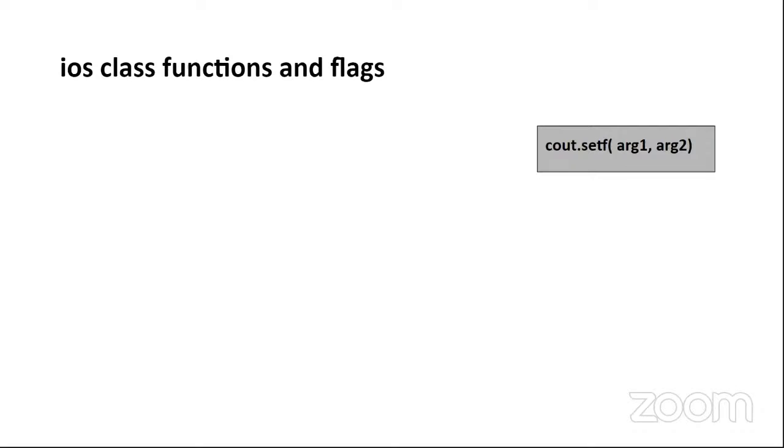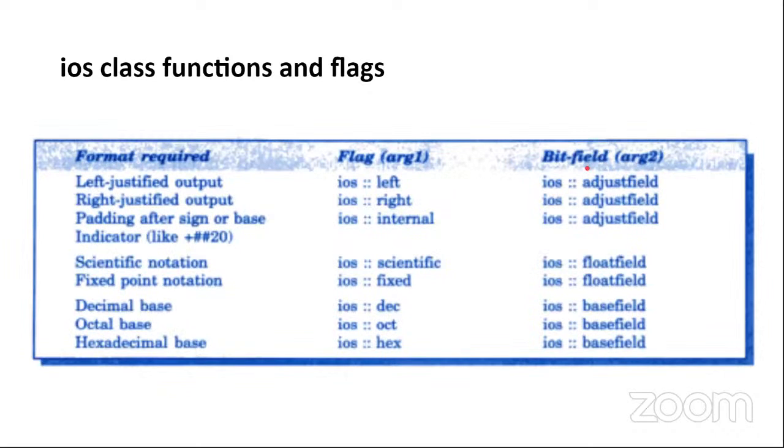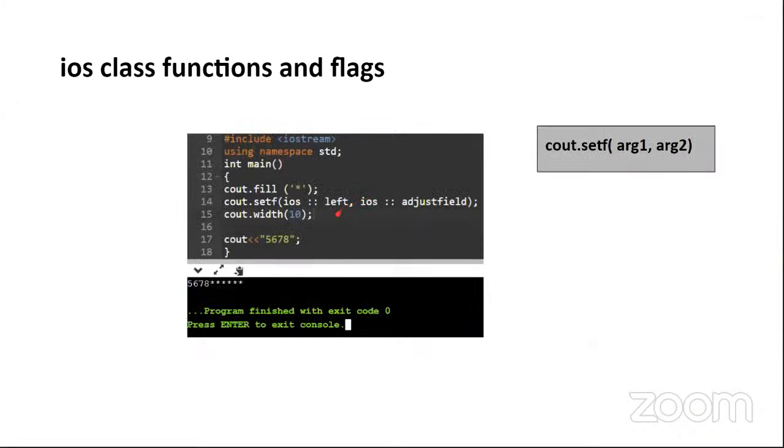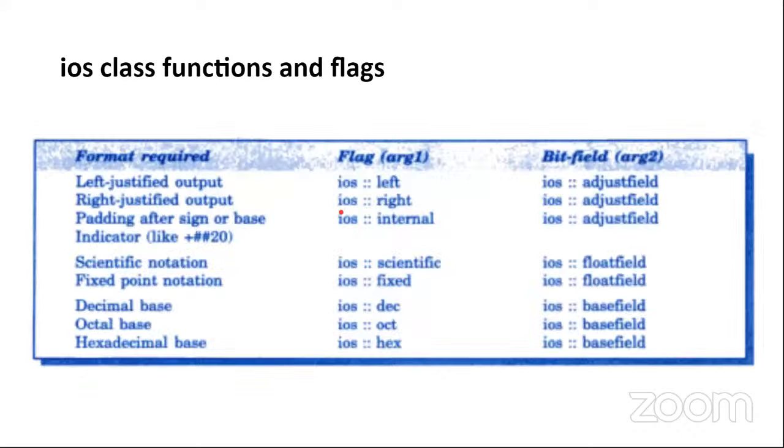There is a function called setf, the set flag function, which can take 1 or 2 arguments. Here we can see the first argument is the flag and the second one is the bit field.